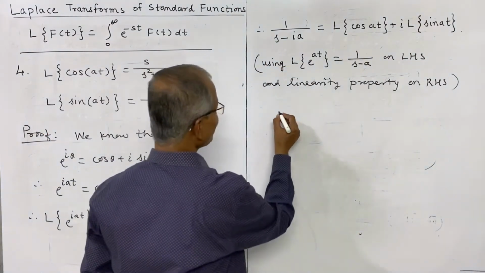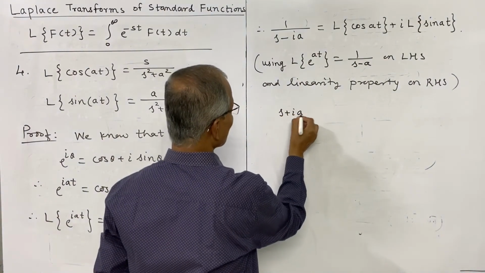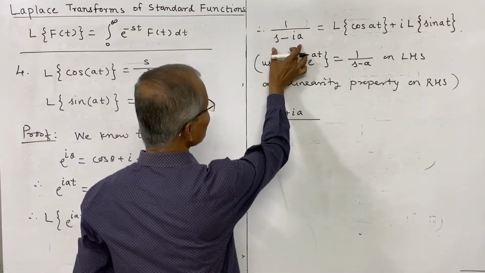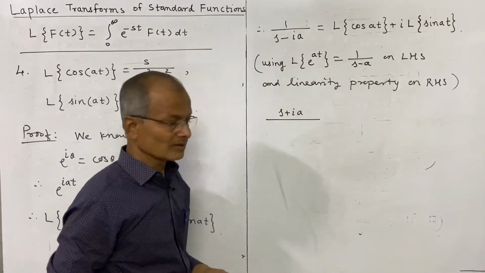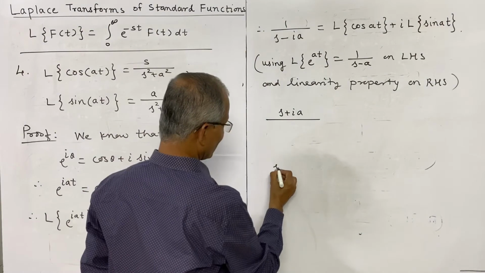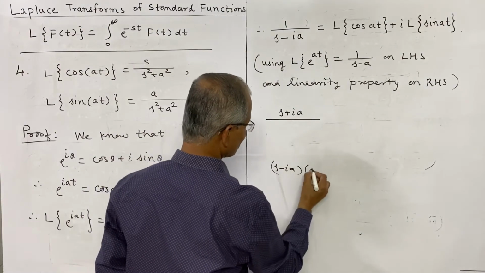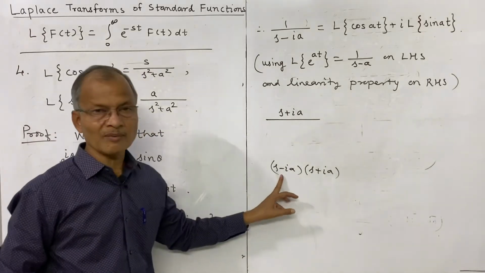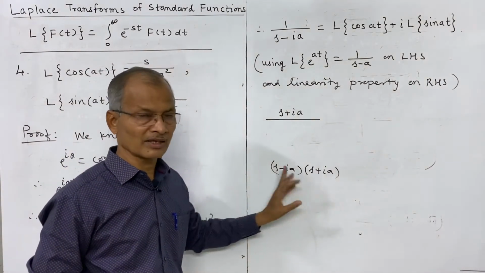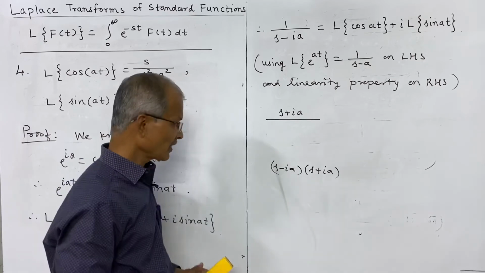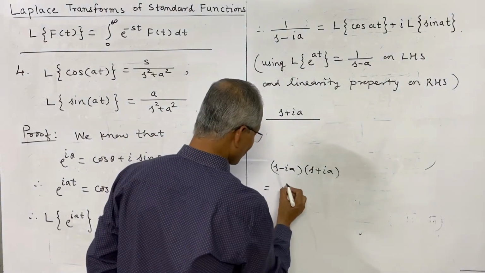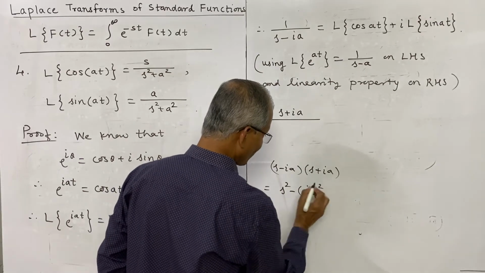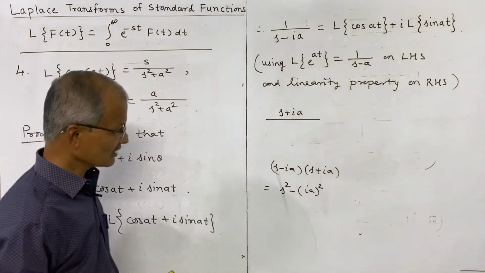The denominator will be s minus ia into s plus ia, and that is the (a minus b) into (a plus b) formula, that is a square minus b square, or that will be equal to square of s minus square of ia, using the formula.